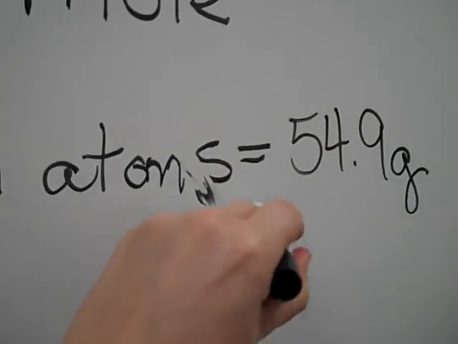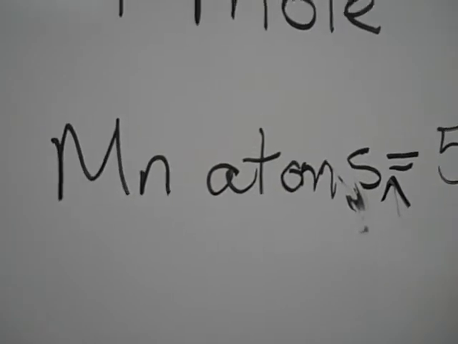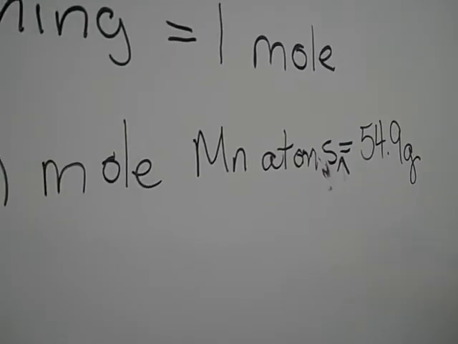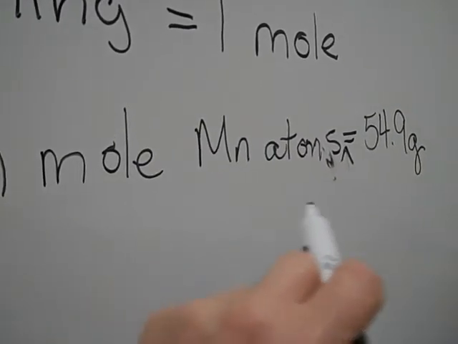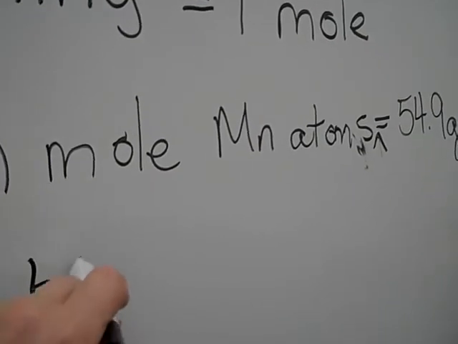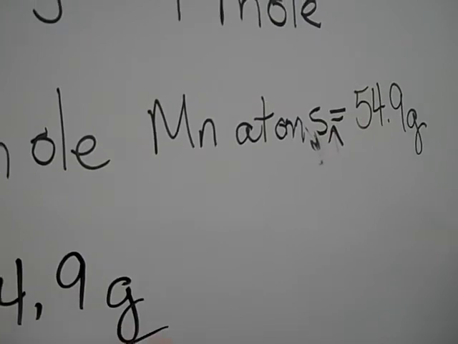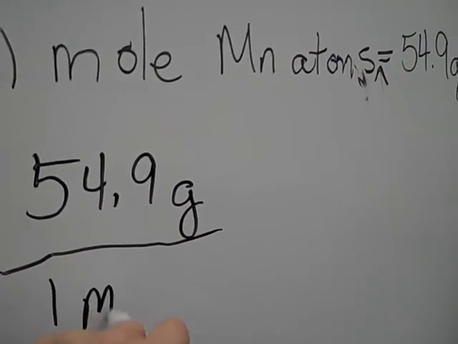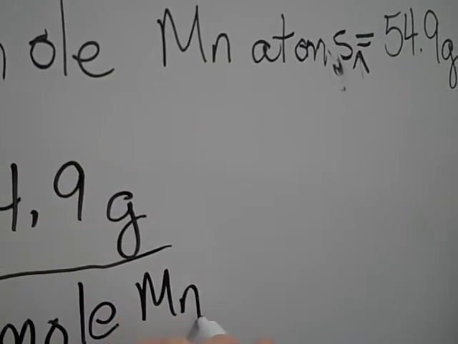Anytime you have something equal to something, or per, or is, any sign that there's a relationship between 2 units, you have a conversion factor. So I can write this information in the standard form of saying 54.9 grams per mole, or 1 mole specifically, of manganese.